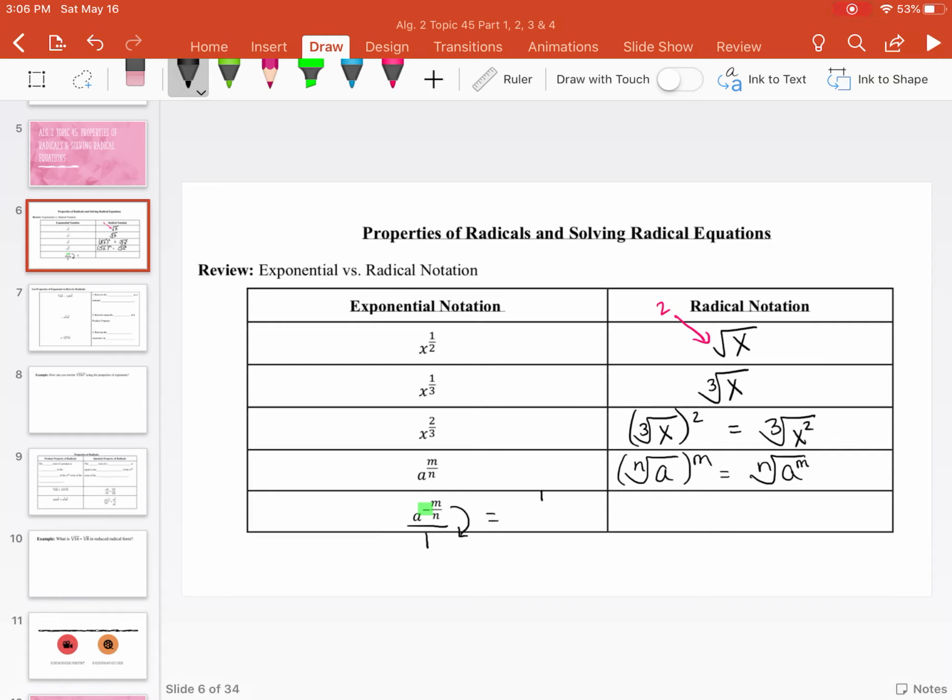So this is the same thing as 1 over a to the m over n. We can rewrite that in radical notation as 1 over the nth root of a to the m. And keep in mind here, a cannot equal 0. If we did have 0 in the denominator, then that would be undefined.